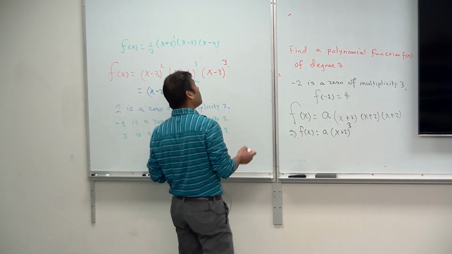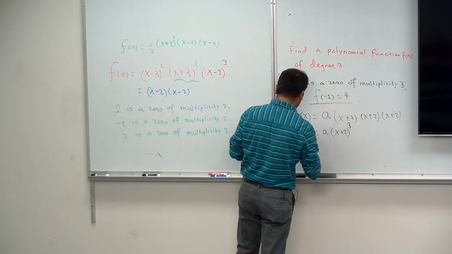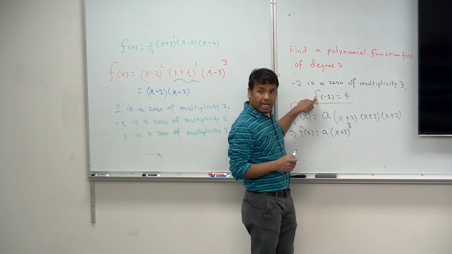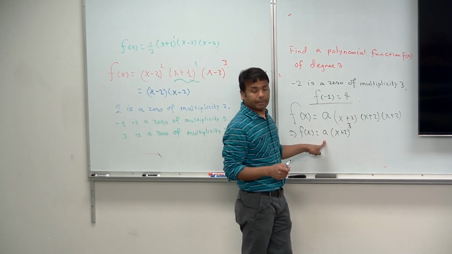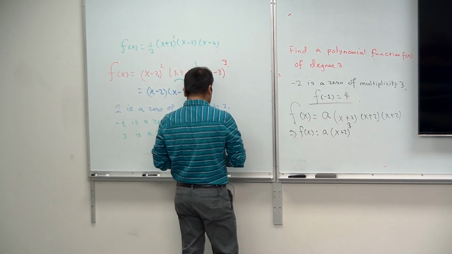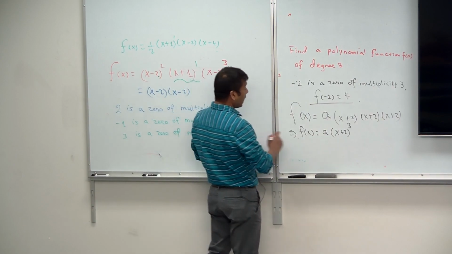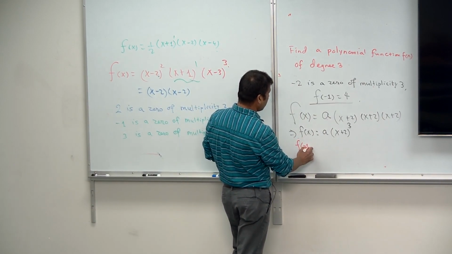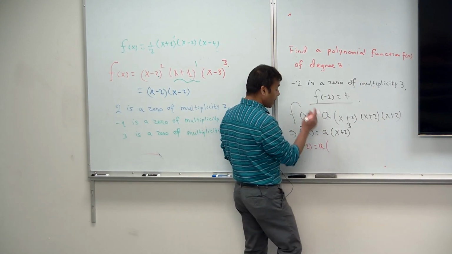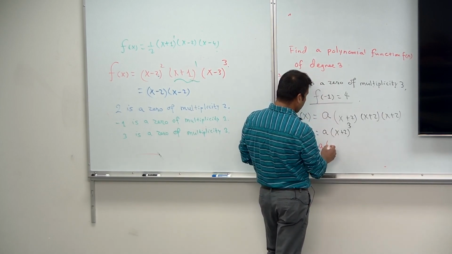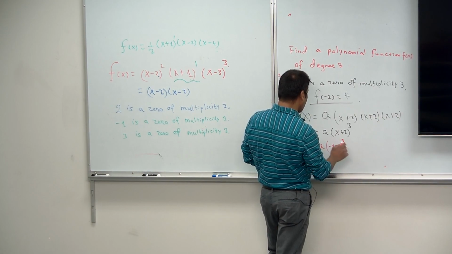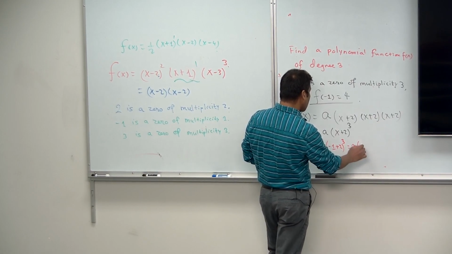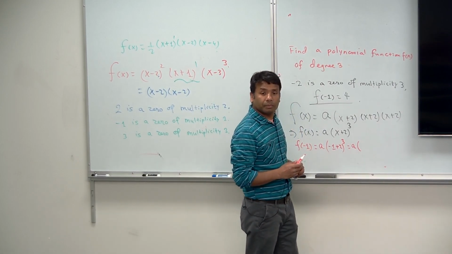But you see that, guys, f of negative 1 is 4. So we use this to get the value of a. You plug in negative 1. So f of negative 1 is a times negative 1 plus 2 raised to the power 3. What is negative 1 plus 2?